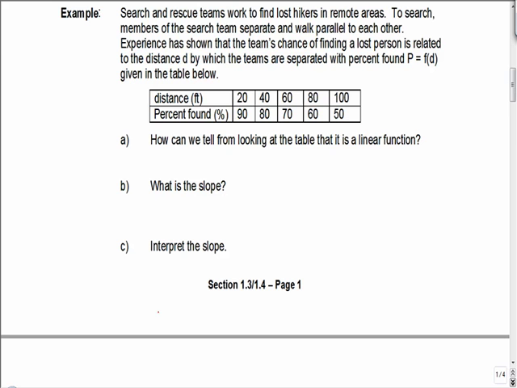Well, remember, linear functions have constant slope. So let's take a look at the slope. Notice in each case, the inputs go up by 20, right?